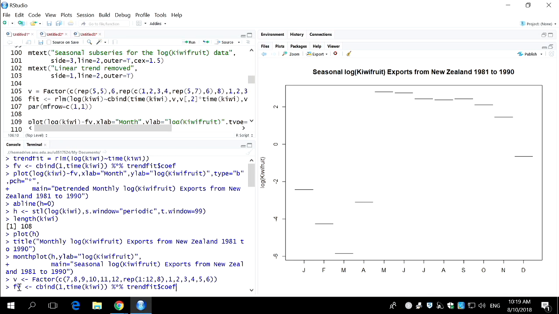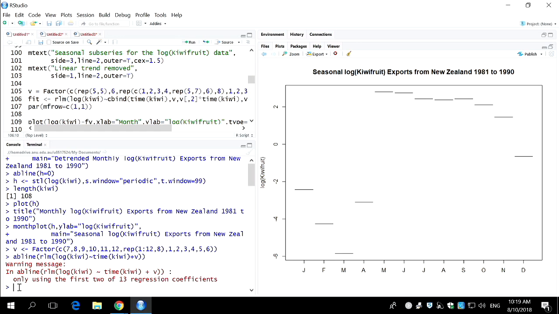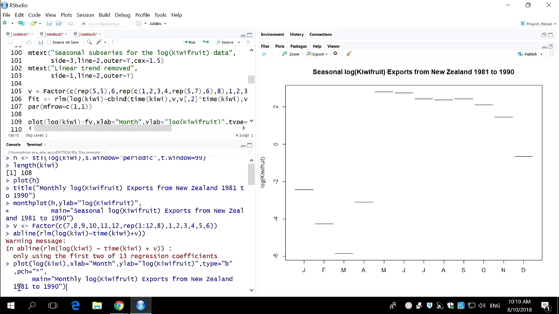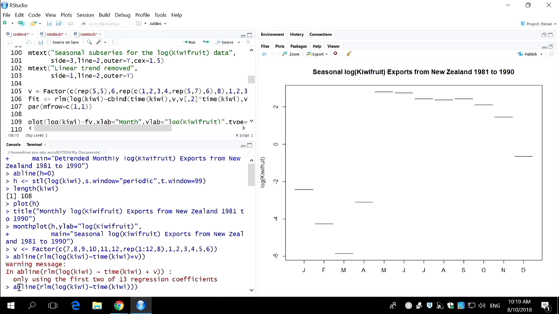We've got rlm of log kiwi tilde time kiwi, so that's your linear term, plus V. That's your seasonal term. I'm not putting a line on a plot, I'm just fitting them all.